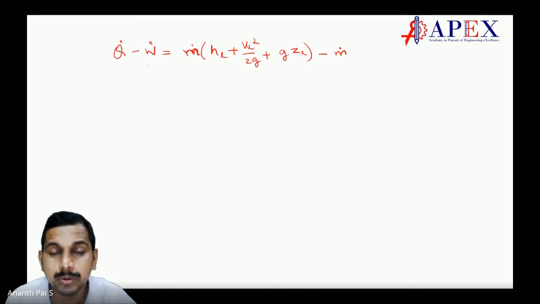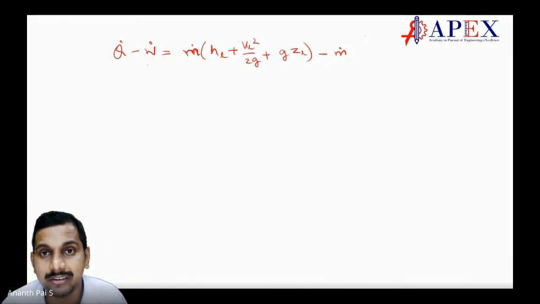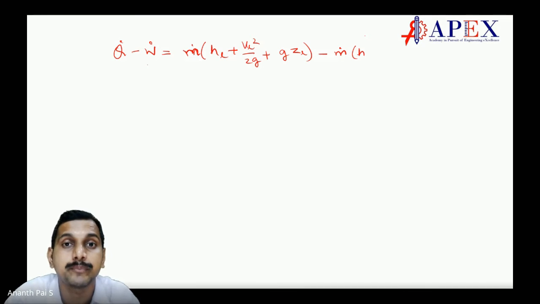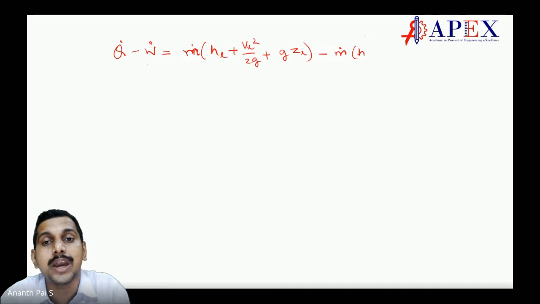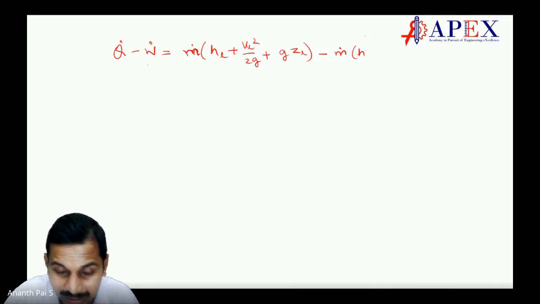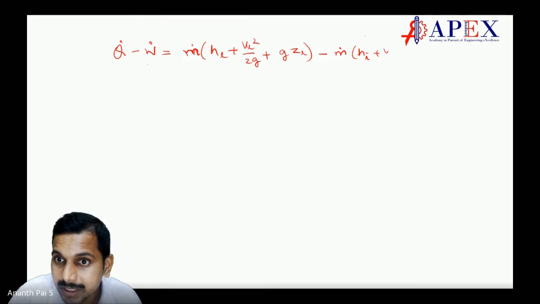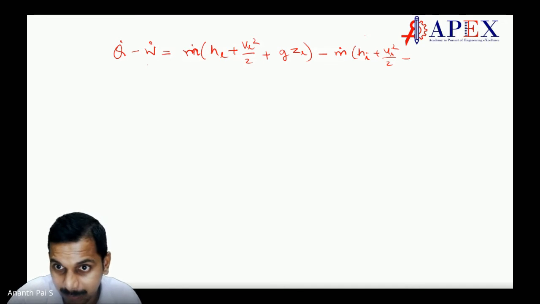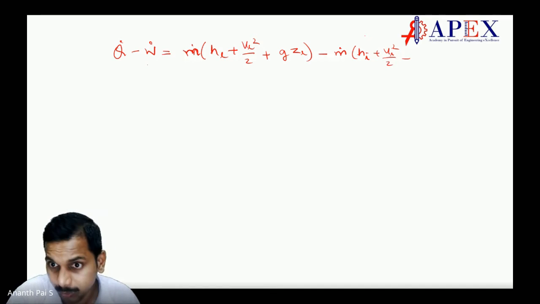If there is accumulation of mass, then it is not a steady flow. So m i is equal to m e. This is exit, this is inlet. So Hi plus Vi square by 2 plus g zi. Sorry, students, I made a mistake here.